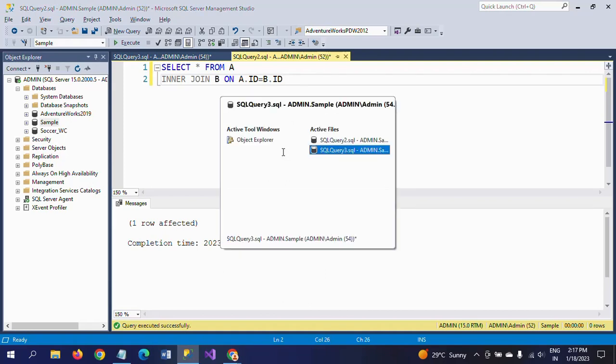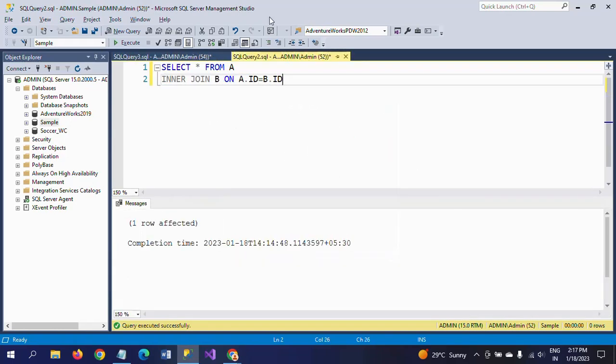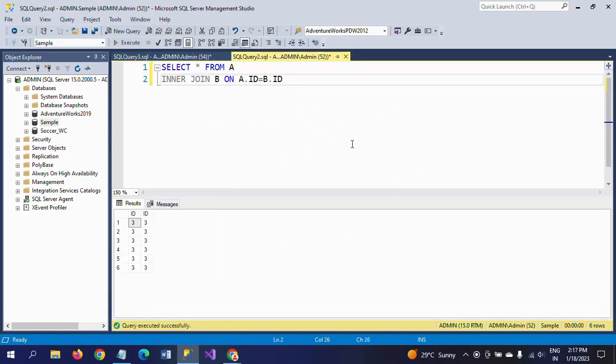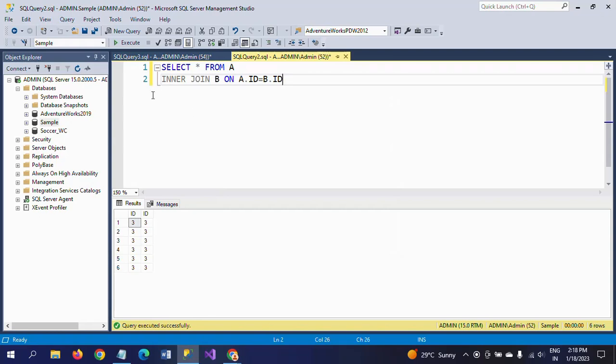So we know inner join will pick the matching records between two tables. Now if you apply the inner join on condition on id, it will pick 6 records, because there are two rows having the same values in one table, and three rows having the same values in the same column. That way it will pick 2 into 3, that is 6 records. 6 records are the matching records.